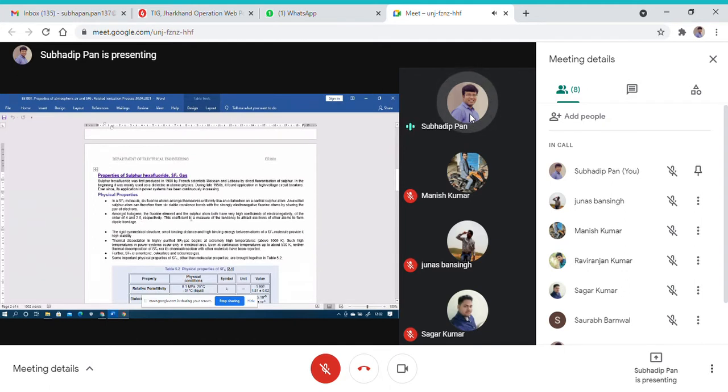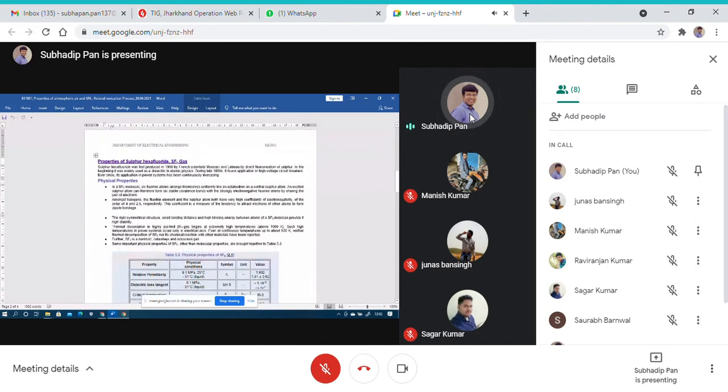The coefficient is a measure of the tendency of an atom to attract electrons to form a dipole bond. That is the physical structure of the SF6 gas, which is developed in inorganic chemistry.